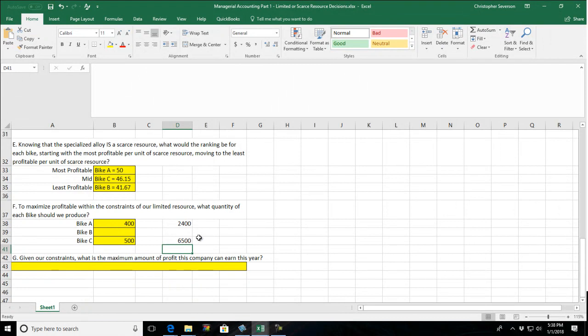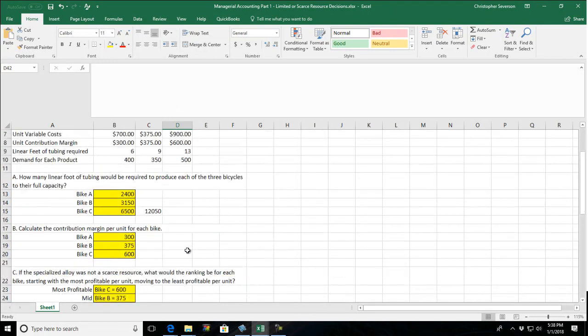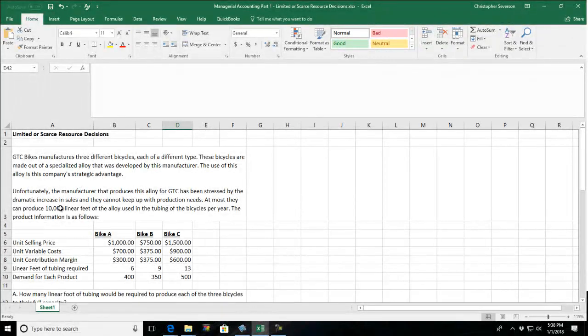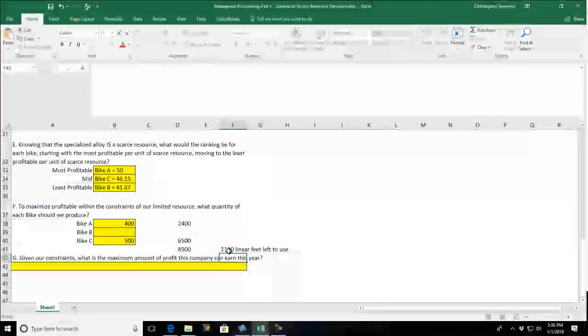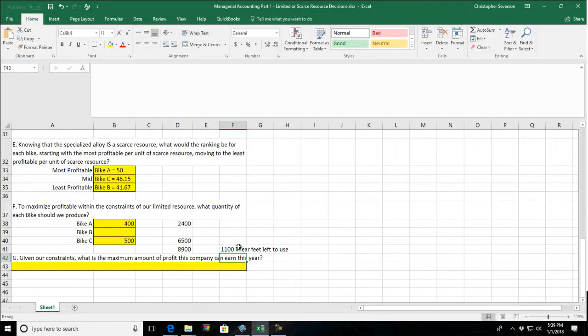So here we have to do a little trick and basically figure out what we have already used up and what we have left. So we've used up 8,900 linear feet. We only have 10,000. In other words, we have 1,100 linear feet left to use. That's what we have to work with for our production for the last bike.